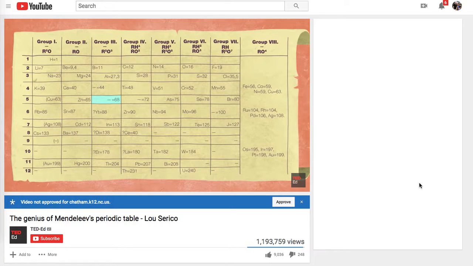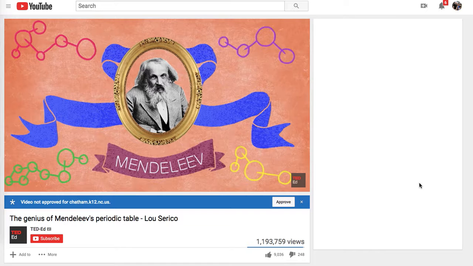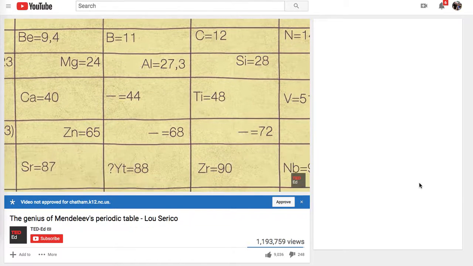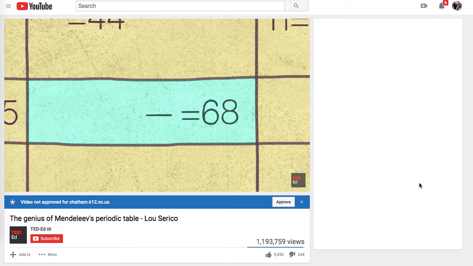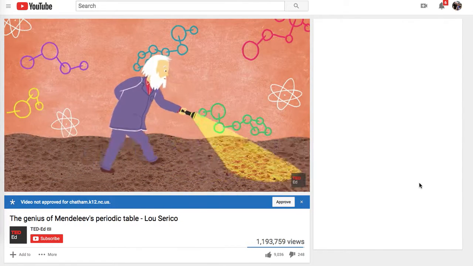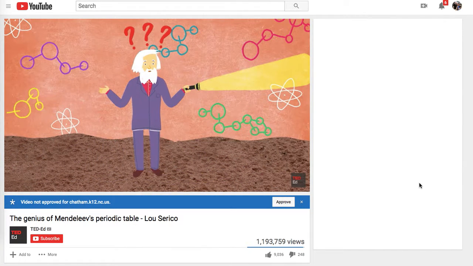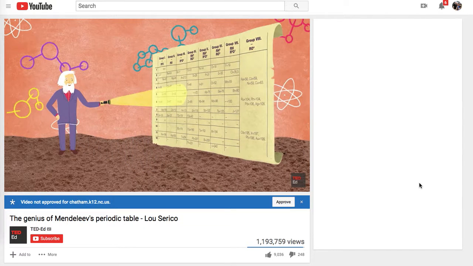He said, and I'm paraphrasing here, "Y'all haven't discovered this element yet. In the meantime, I'm going to give it a name. It's one step away from aluminum, so we'll call it Eka aluminum. Eka being Sanskrit for one. Nobody's found Eka aluminum yet, so we don't know anything about it, right? Wrong. Based on where it's located, I can tell you all about it.